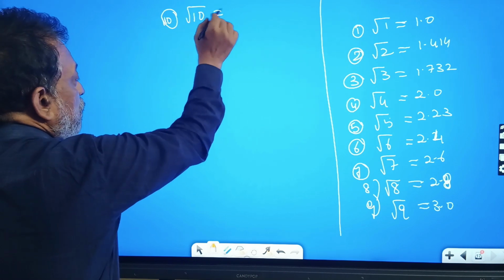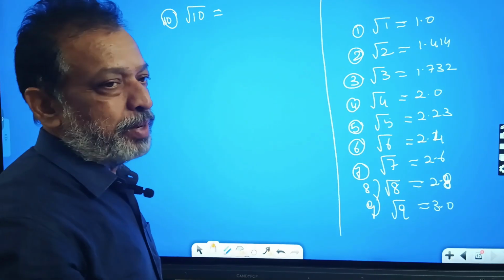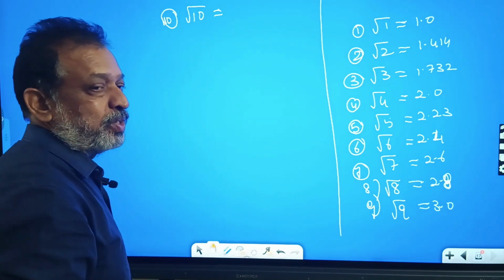So already we prepared and kept all in one place for the calculation purpose, easy for our students to do it.